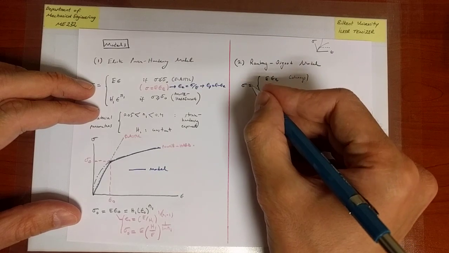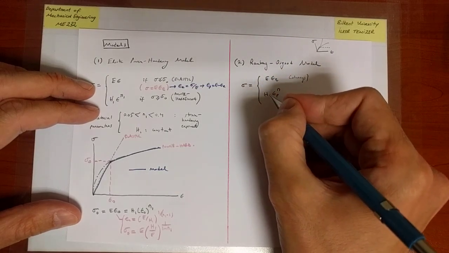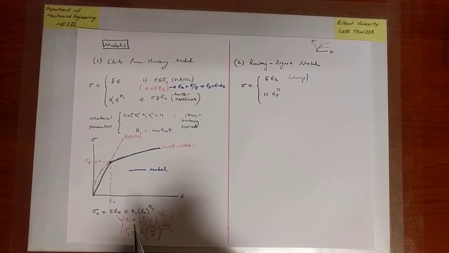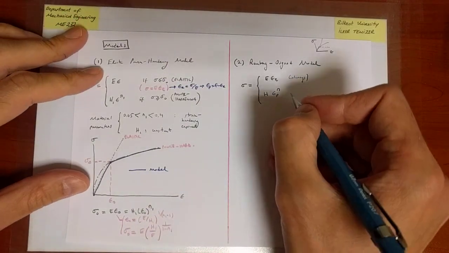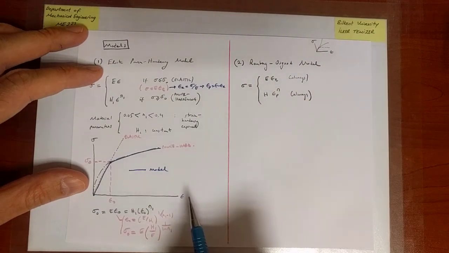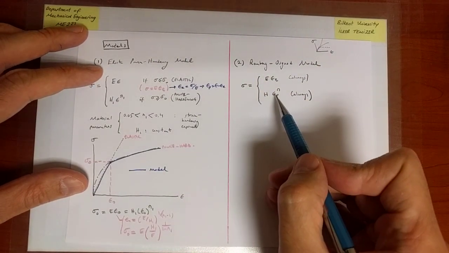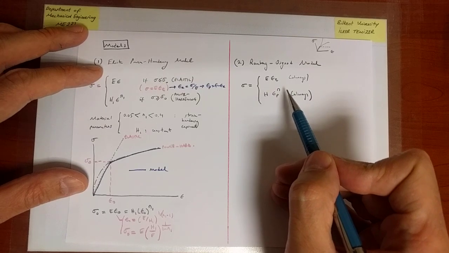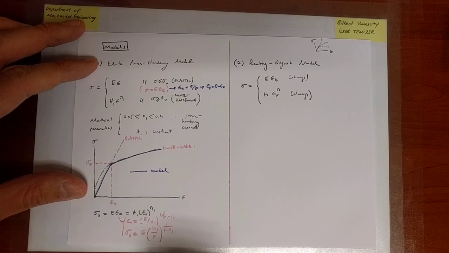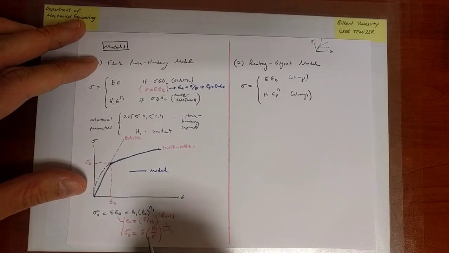It predicts that simultaneously the stress can be written as such in terms of the plastic strain, also through some sort of power relation. Okay. And again, we have n as our strain hardening exponent and H as some constant. Okay, so that's our Ramberg-Osgood model.